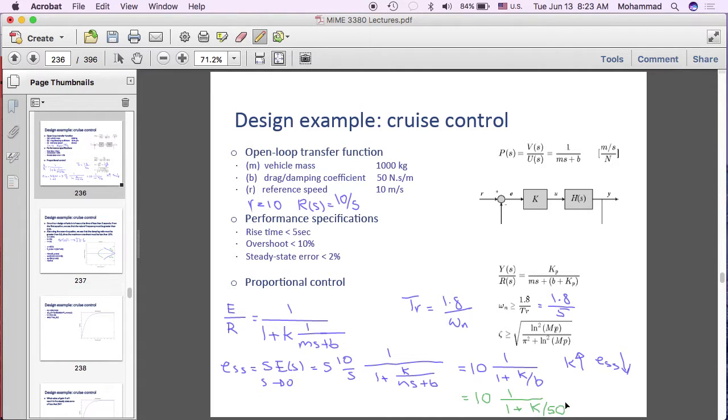So if you want this to be not more than 2%, 0.02 times 10, then you can calculate the actual value of k that would deliver that steady state response.